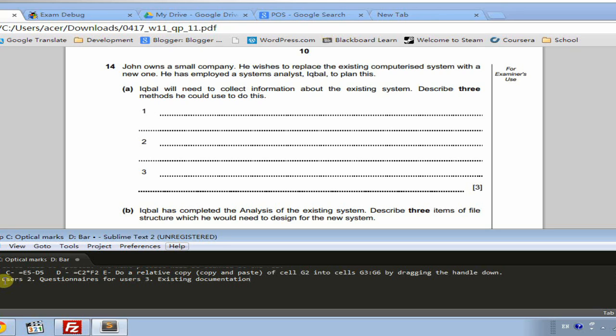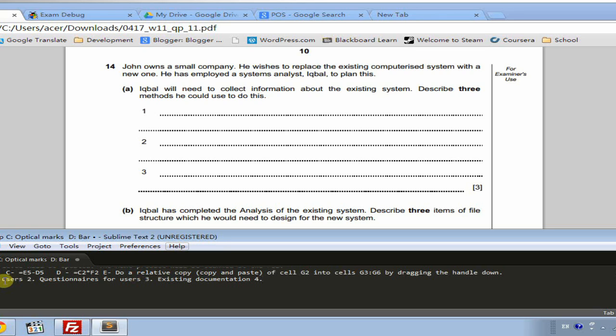So if that was created for the original system, it will or should still be there. And you can find out how the system should be working. The downside is that systems tend to evolve over time and they change, so the existing documentation may not be kept up to date. Likewise, the reality of the system might not fit with what the documentation is saying.